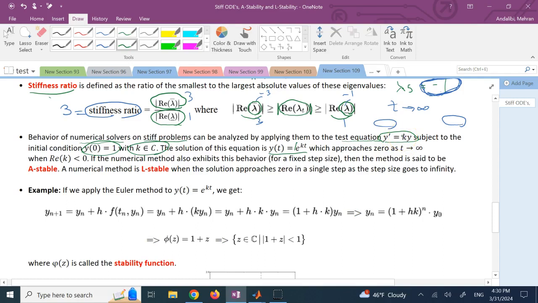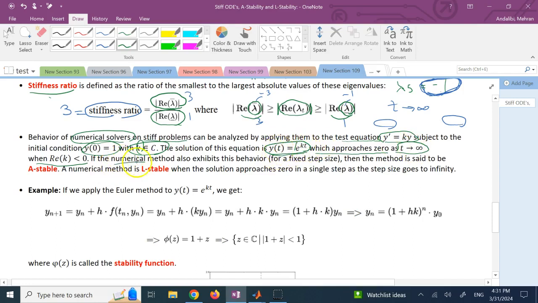Good. Now, if we solve this simple first order linear ODE for a given k, and the solution from the numerical solver approaches 0 as time goes to infinity, when the real part of k is negative, which is the same behavior as the actual solution, because when t goes to infinity, clearly y goes to 0.